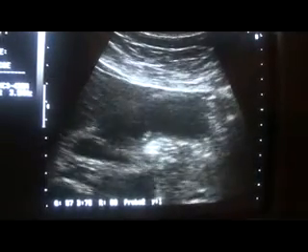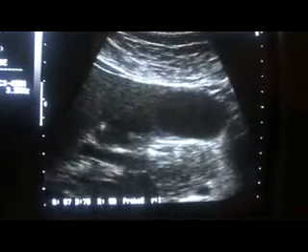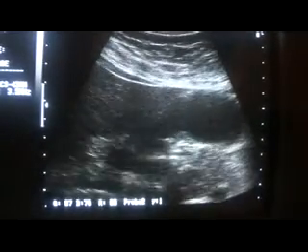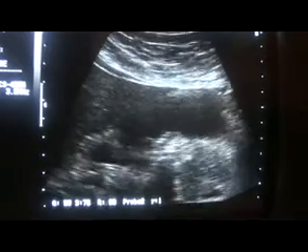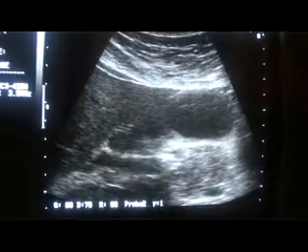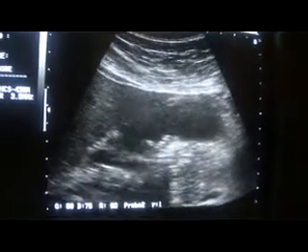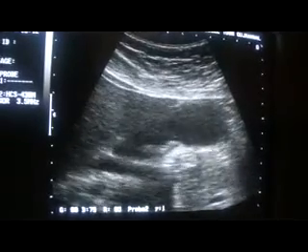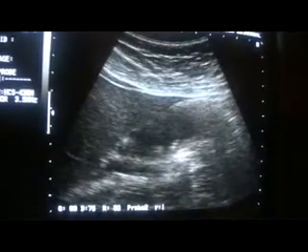neck of the gallbladder, and in the anterior wall of the neck of the gallbladder, you see a very tiny echogenicity giving linear artifact in the form of comet tail. So any echogenic area with the anterior or posterior wall of the gallbladder that gives comet tail artifact is considered a cholesterol calculus.